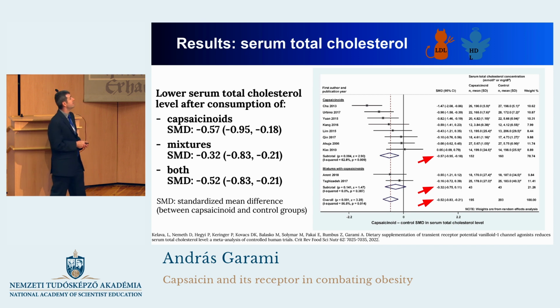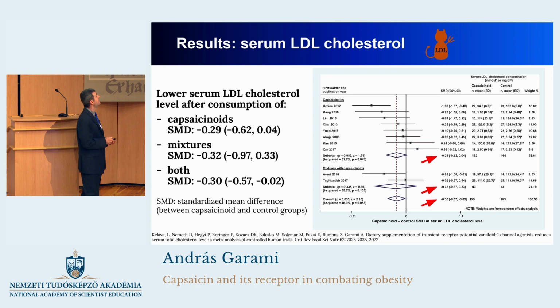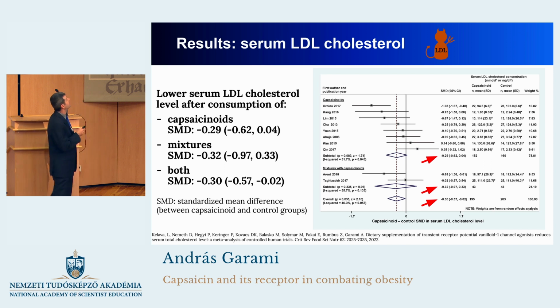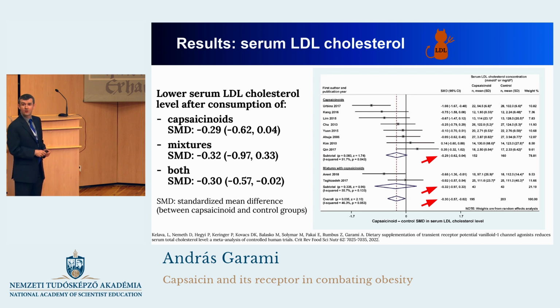And first, we checked the LDL level. And what we found, based on the same principles and methodology as I mentioned before, was that the average SMDs overall significantly decreased in case of the serum LDL cholesterol, which means that the drop in serum total cholesterol was caused, at least in part, by a decreased bad cholesterol level, LDL, due to the capsaicinoid diet.